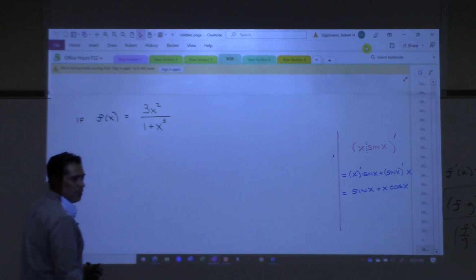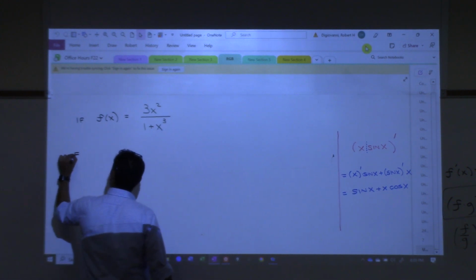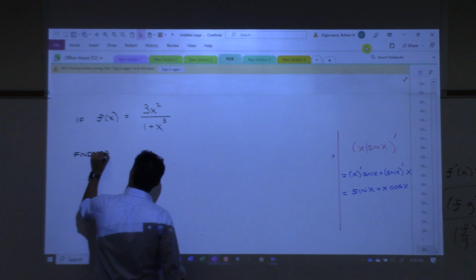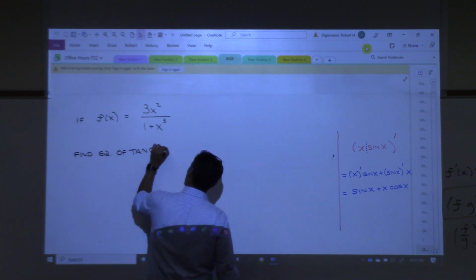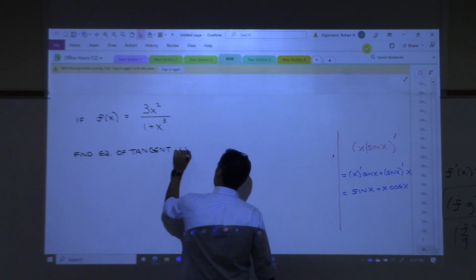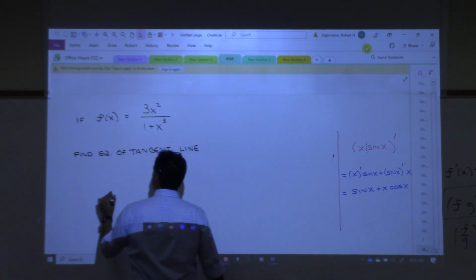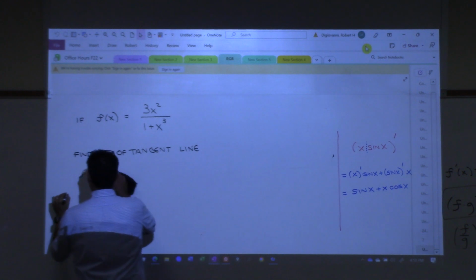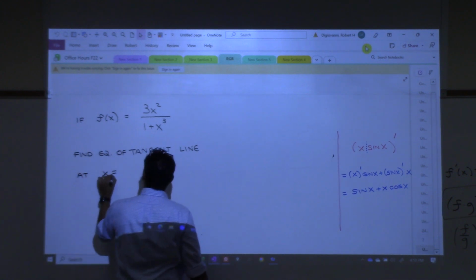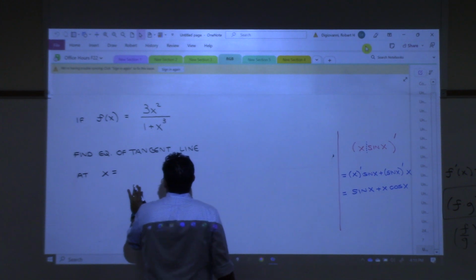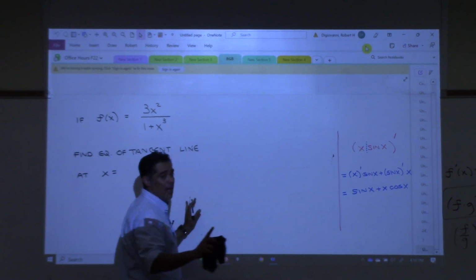If that's your function, I want you to find the equation of the tangent line at x equals, sorry, can I change one thing to make your life easier?